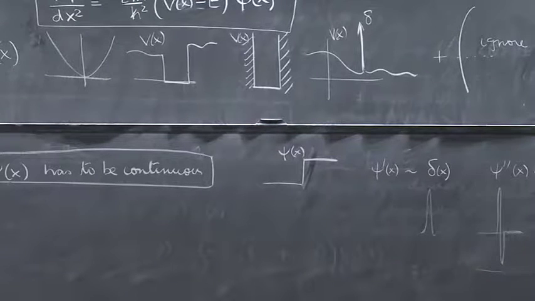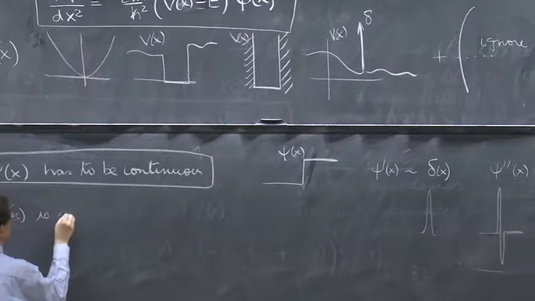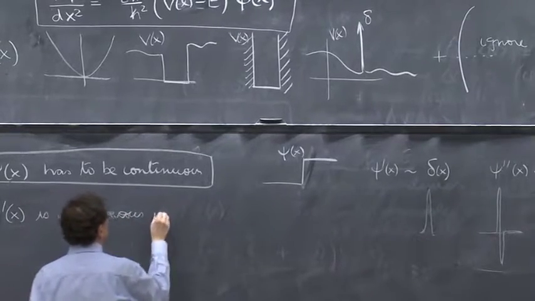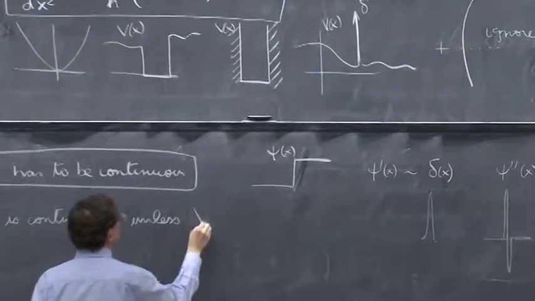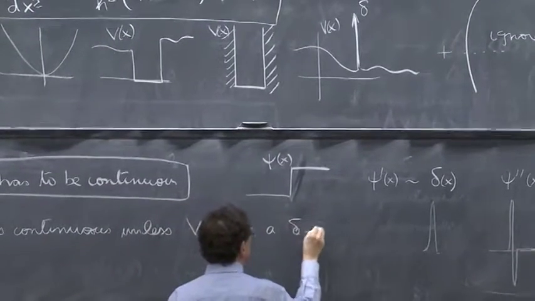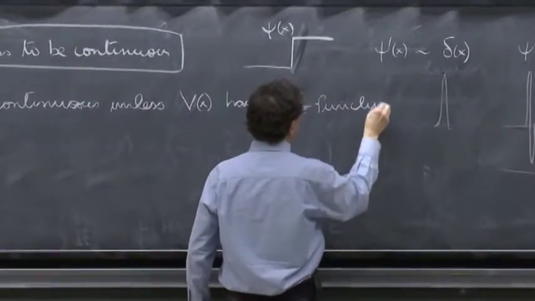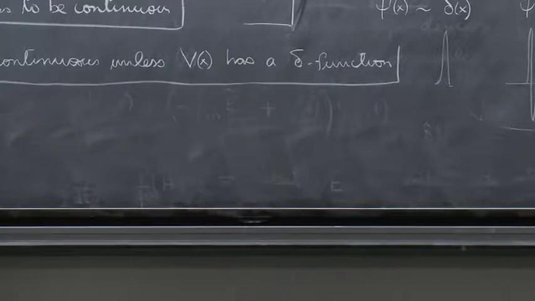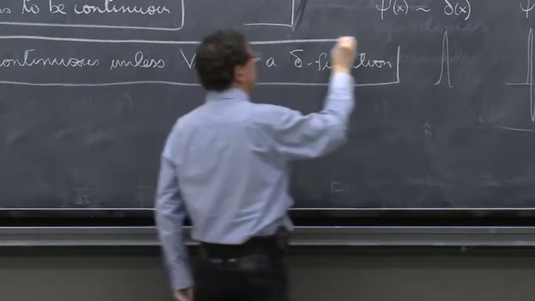Now, how about the next case? I will say the following happens too, that psi prime of x is continuous unless V of x has a delta function. Potentials with delta functions are nice, they're interesting.